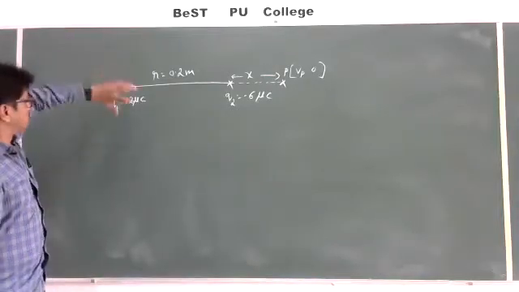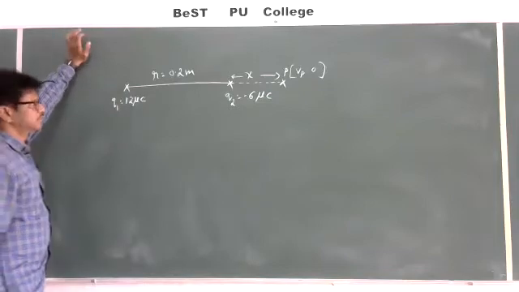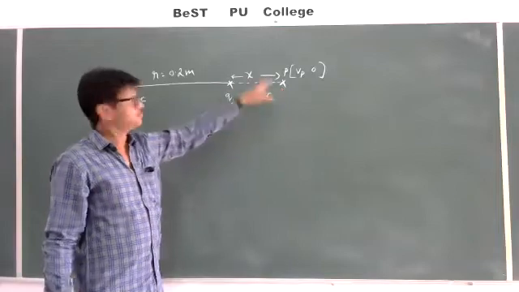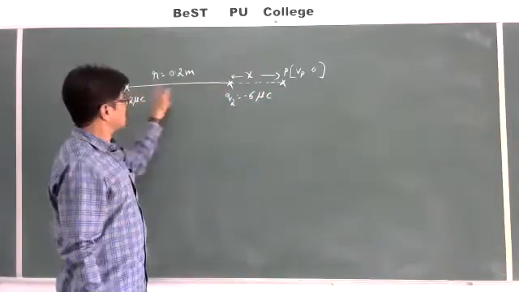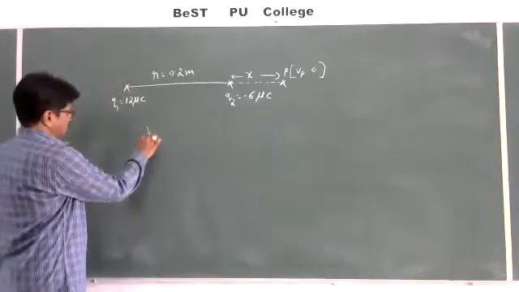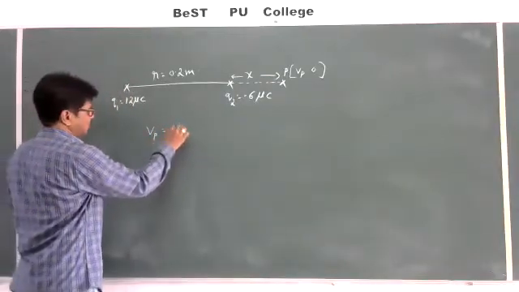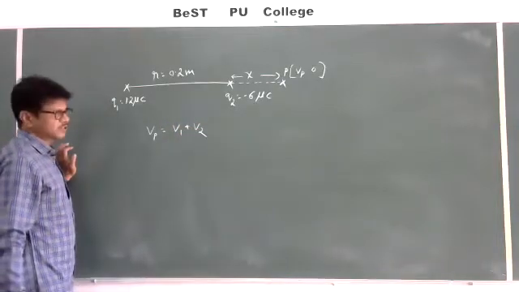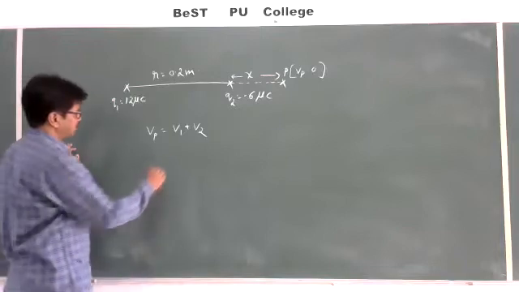What is the general procedure we'll adopt here? At the point P, two potentials will act. One is because of this and one more is because of this. Then the total potential at P is equal to V1 plus V2, because the potential is a scalar quantity.